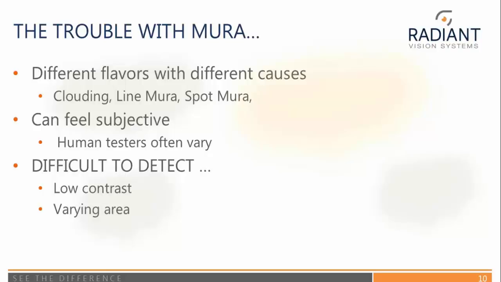I'll give you a little chance to look at that and see what you can see. Again, Mura is a little bit difficult to detect, mainly because of the low contrast and the varying area, shapes and sizes. So the Mura examples on the screen are a good indication of the type of contrast and type of Mura that are difficult to find.